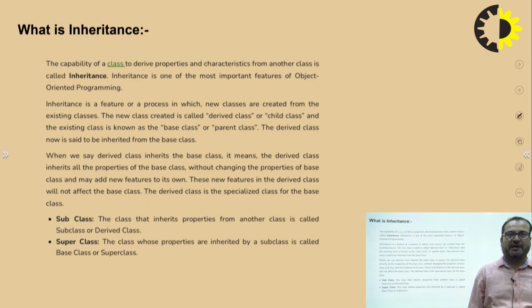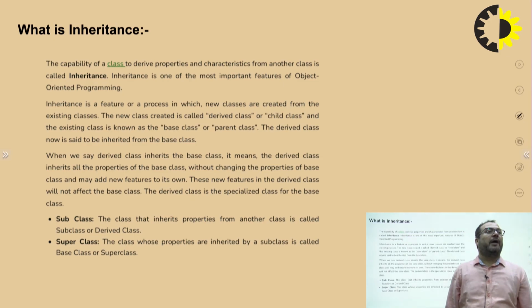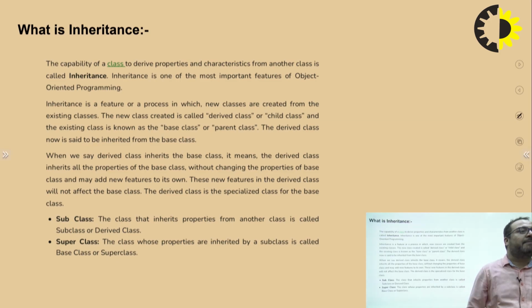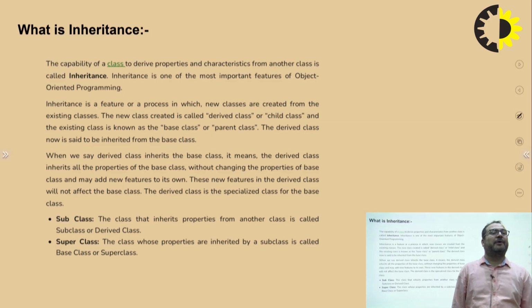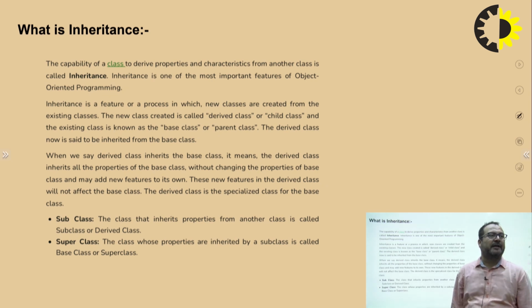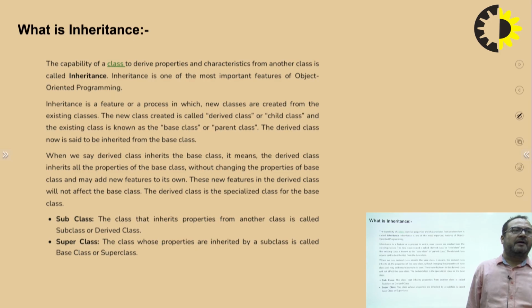The class which we are going to create will inherit the properties of the existing base class. When we say the derived class inherits the base class, it means it inherits all the properties of the base class without changing them, and may add new features of its own. These new features in the derived class will not affect the base class.